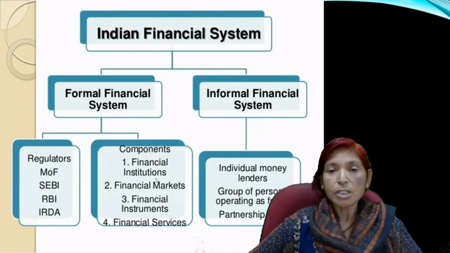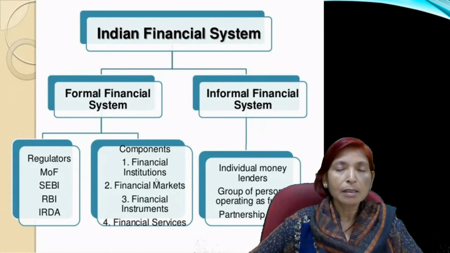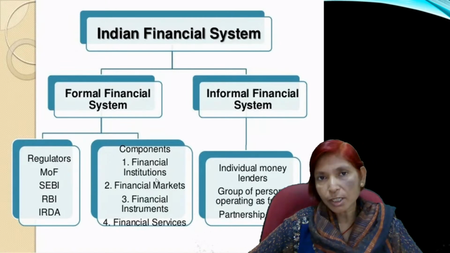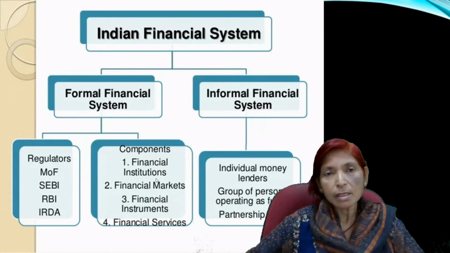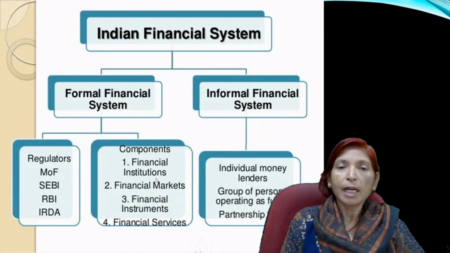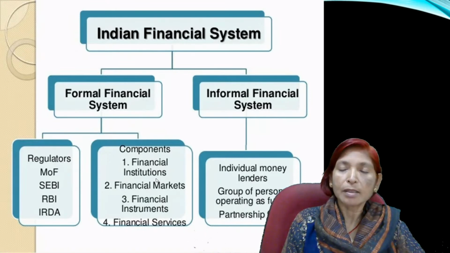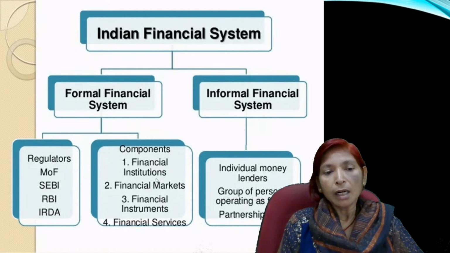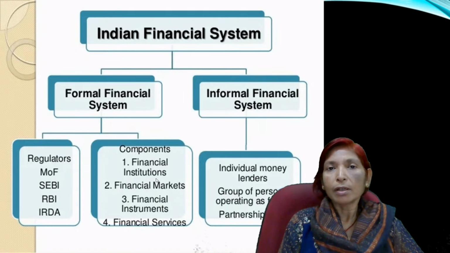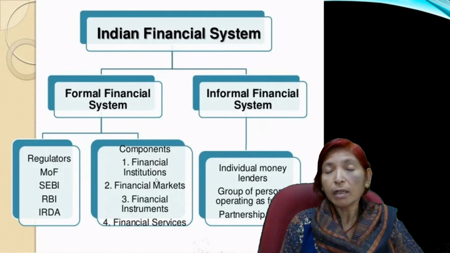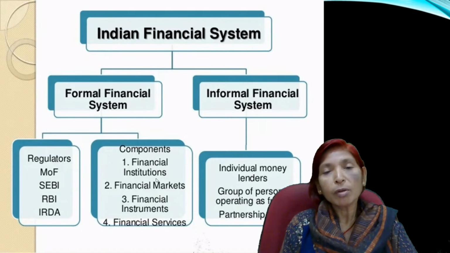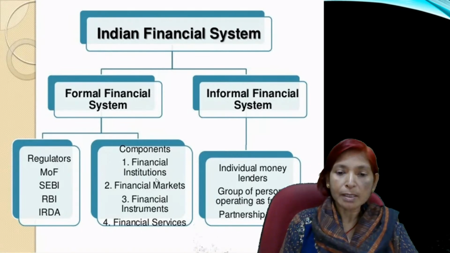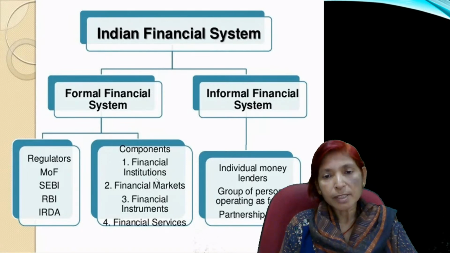And the system which is fully organized, managed, and controlled by the government of India is called the formal financial system. So this is the basic difference between formal and informal financial systems. The informal financial system deals with unorganized individual persons or individual money lenders, groups of persons, or partnership firms, etc.